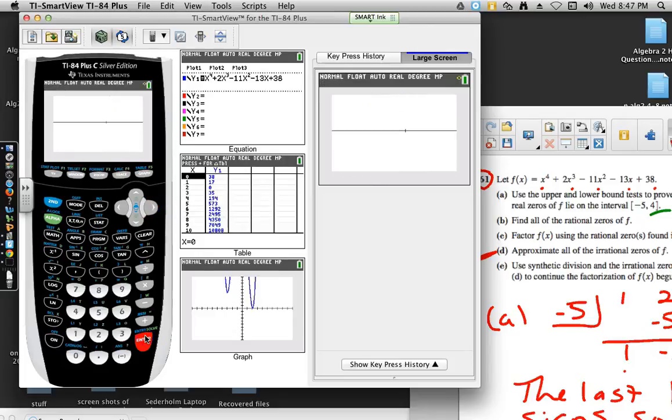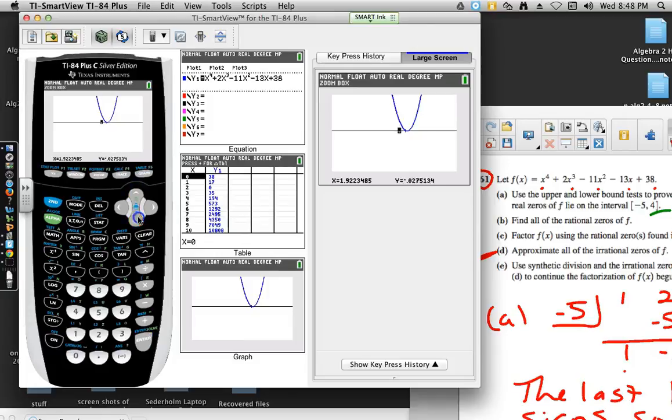And then I press enter, and the screen will zoom in on that. So we're going to see that this is going to hit at our 2, and we're going to see, yeah, it does look like it goes below it, but not real clearly with this. So we're going to zoom box one more time and try to get an even better look at what is going on in this portion of the graph right here.